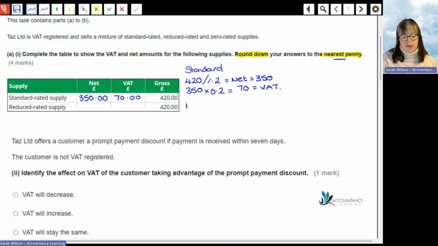Now for the reduced rated supply, that's going to be 5% VAT. So this time we're going to follow the same process, except we're going to divide it by 1.05 because 105% is our gross amount, which is going to equal our net amount, which is 400.